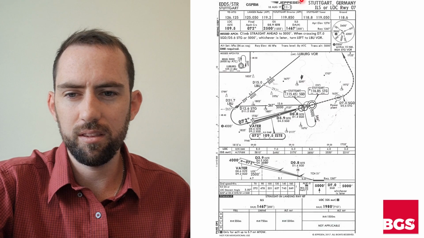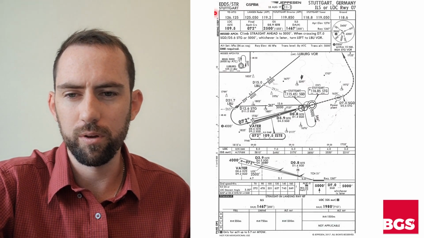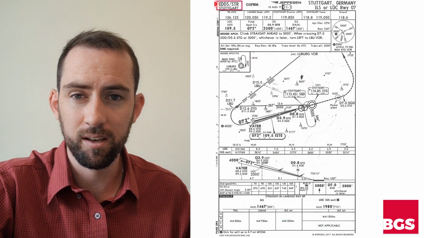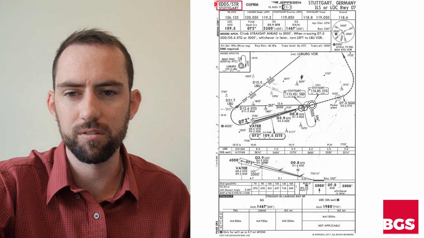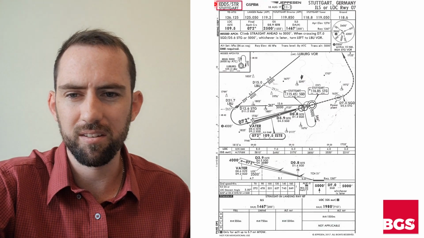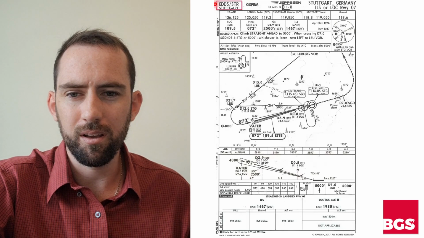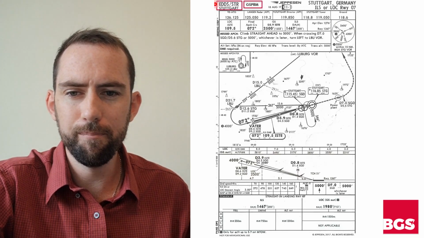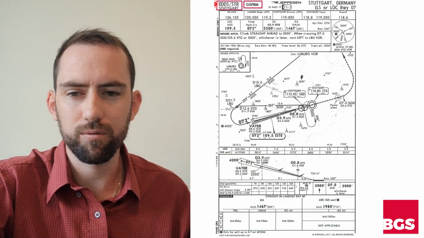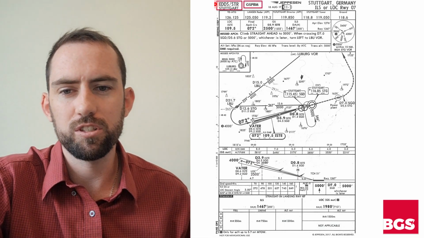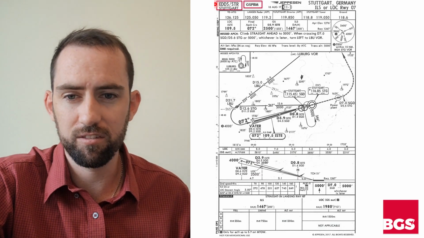Up in the left hand corner we've got this code EDDS, which is the ICAO identifier for Stuttgart, and on the right hand side STR, which would be your IATA code. Then it's written GSPRM, which stands for the Jeppesen General Student Pilot Route Manual, which is where I've taken this chart from.